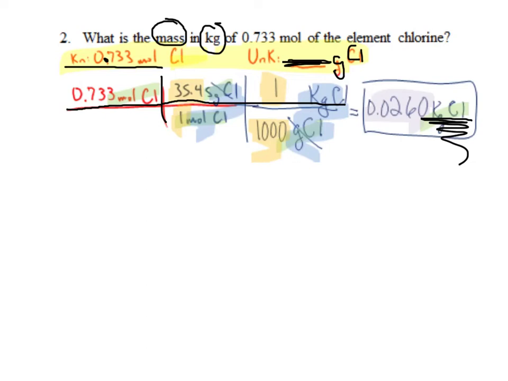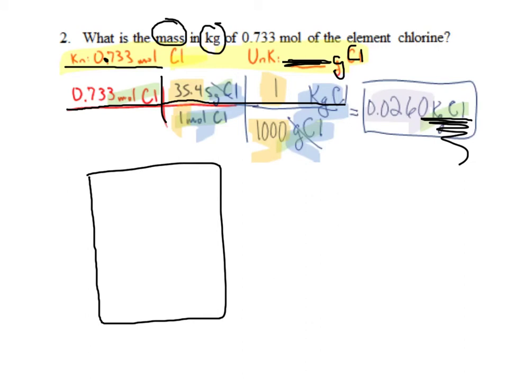Now, to convert from moles to grams, we need, once again, our periodic table. And if you look on your periodic table for chlorine, depending on the periodic table you're using, you'll find like a 17, that's the atomic number, and then you'll find 35.45.